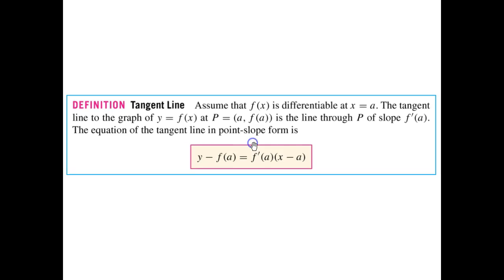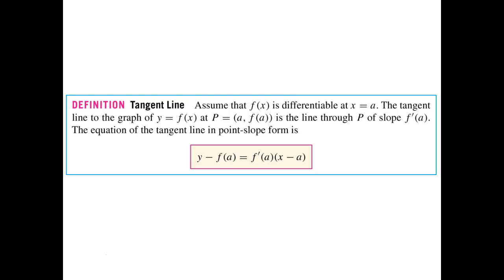The only difference is you've just cut out the limit here, but it's still the same thing. There's your slope, there's your change of x, change of y. y is equal to slope times change of x. This is the equation of a tangent line, and it will always be in that form.